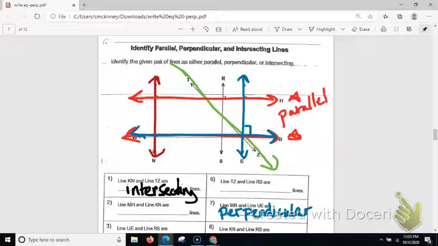That gives you a little background about what parallel and perpendicular could look like. And they can be slanted too. Parallel doesn't have to mean that they're both horizontal or both vertical. If I were graphing and I have two lines that both have a slope of 3, they're going to be parallel. And we'll look at some examples of that.